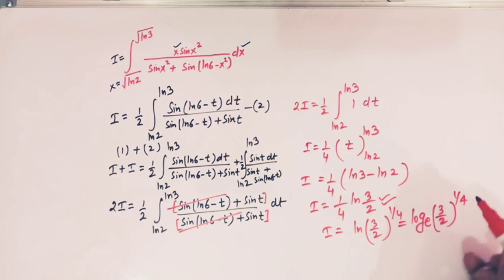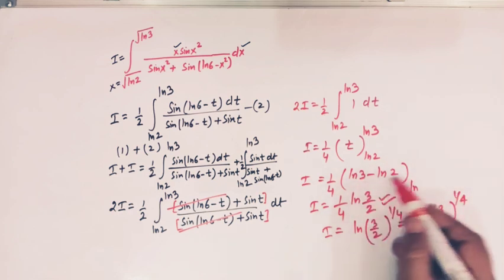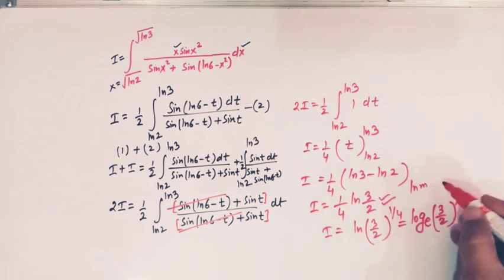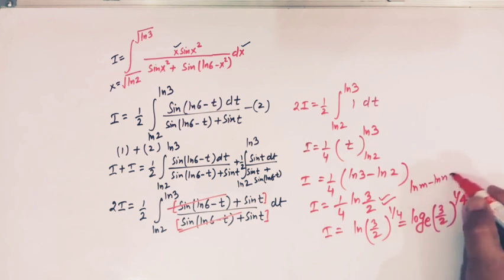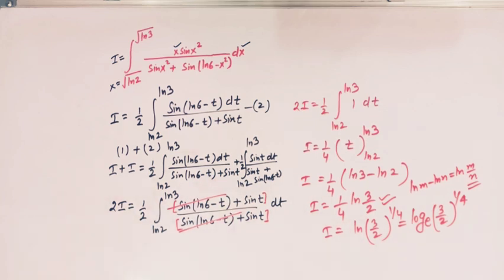Here we have used the property of logs, that ln m − ln n equals ln(m/n). So viewers, this is how we solve this integral.